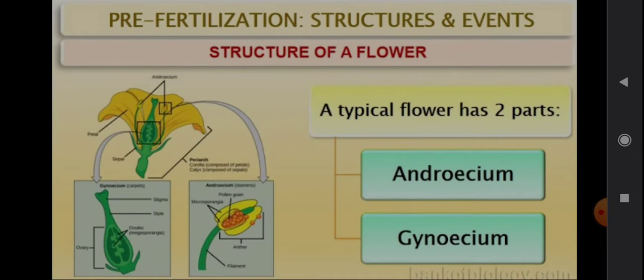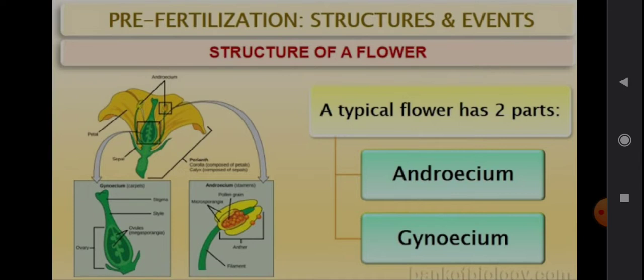Before studying how sexual reproduction takes place in a flower, let's see the parts. Typically, the flower has two parts, that is androecium and gynoecium. Androecium is the male reproductive part of the flower.